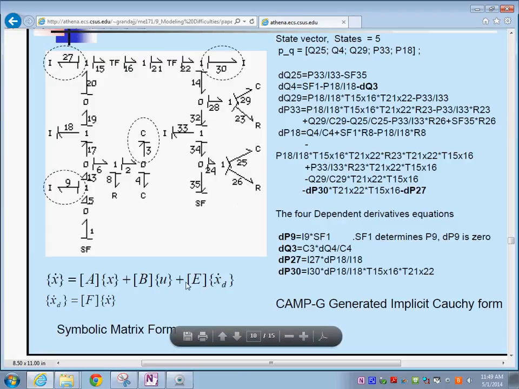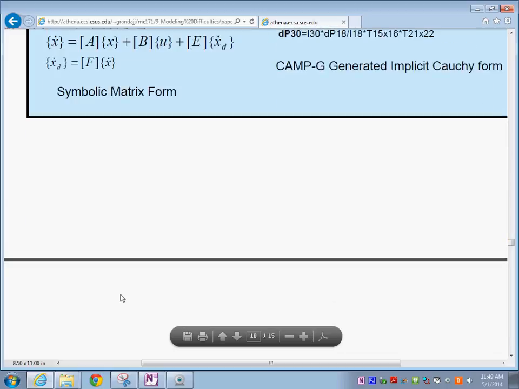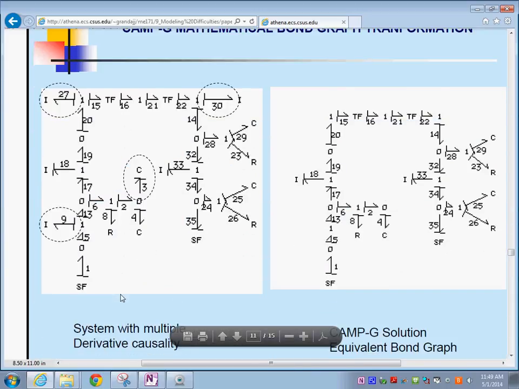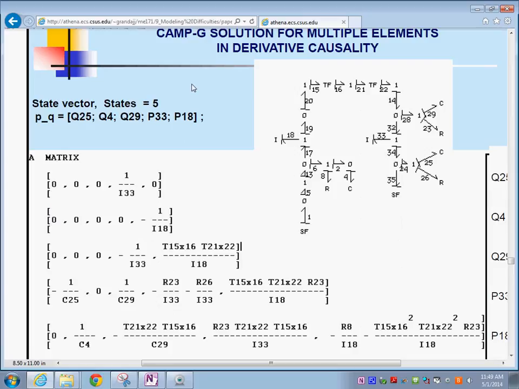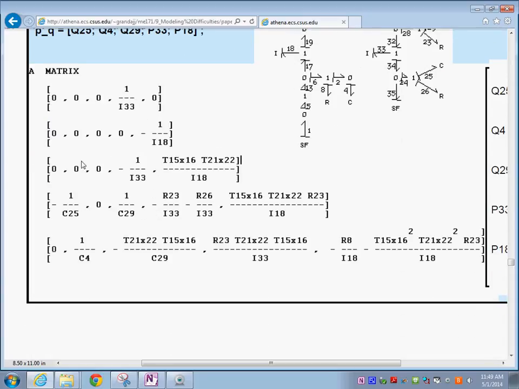So if you find the E and the F matrix, if you do that, then run it, you will get this equivalence. In other words, we'll get rid of the derivative causality by finding equivalent elements, and in this case it would be this one. But just to give you an idea, this is without the derivative causality.